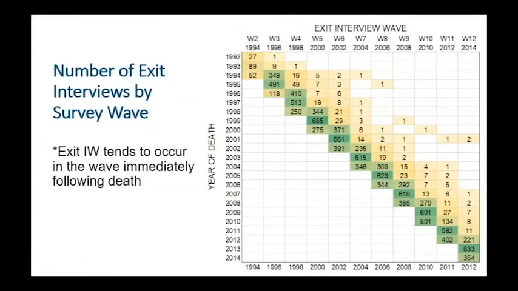So they followed up in wave 5 and they conducted many more of the exit interviews. And then, of course, anyone who died in the intervening 2-year period, so those deaths that occurred in 1999, those exit interviews couldn't be conducted until 2005.